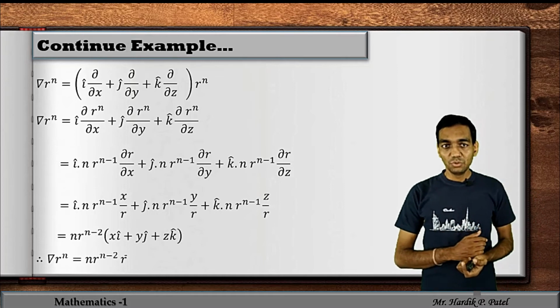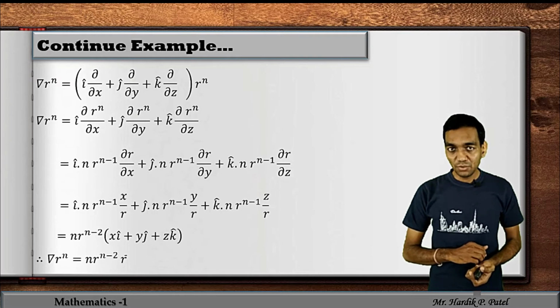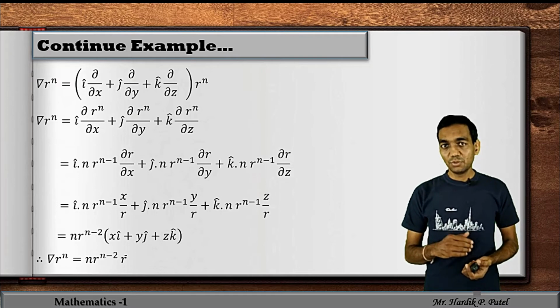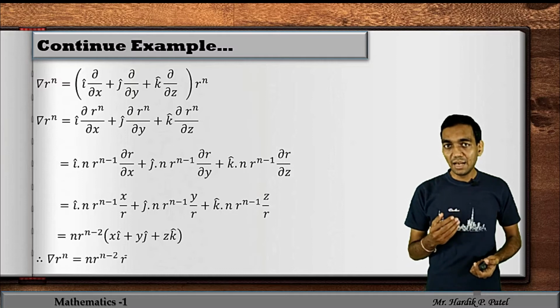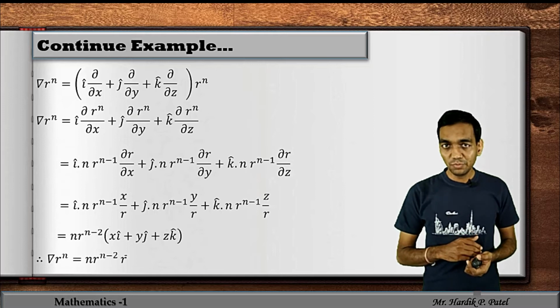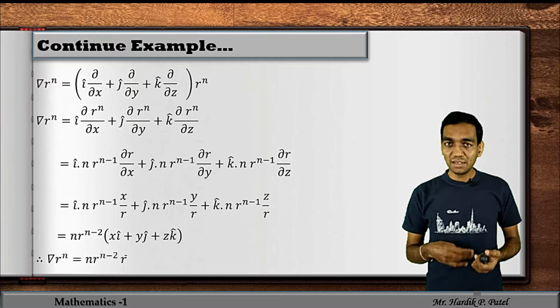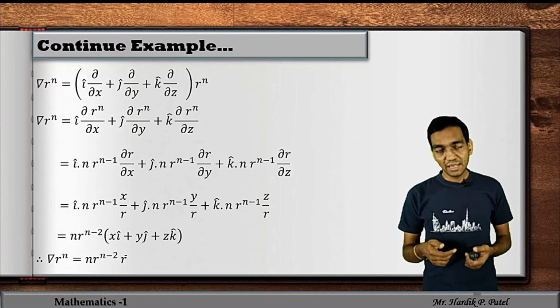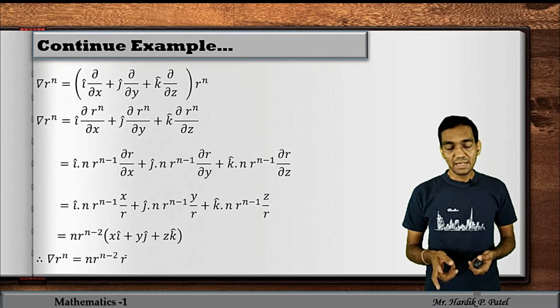So that will give you the final simplified term: gradient of r raised to n is equal to i into n r raised to n minus 2 into x, plus j into n into r raised to n minus 2 into y, plus k into n into r raised to n minus 2 into z.